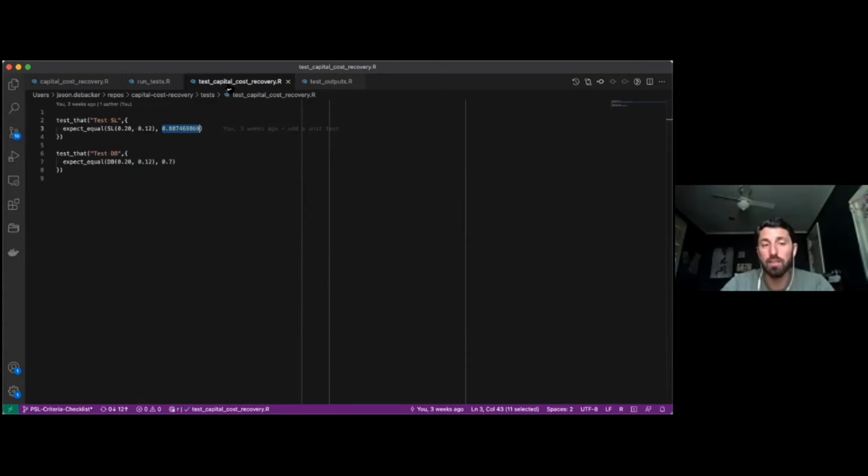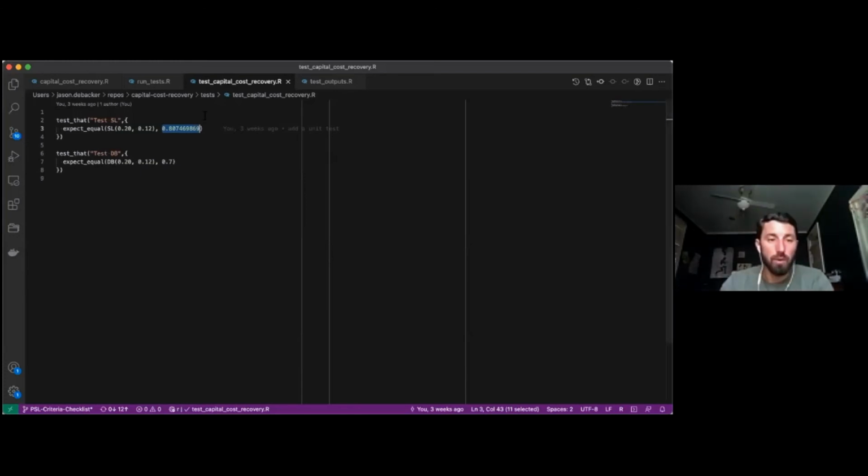In this case, this is the straight line depreciation method, and they have an equation defining how it's determined. So I set up a spreadsheet, and by hand I set up a function to represent the equations in their documentation. Then I passed in values for the recovery rate and the interest rate to this function.